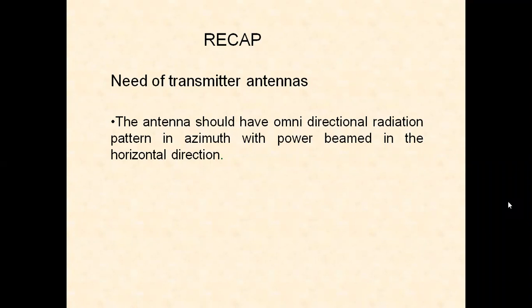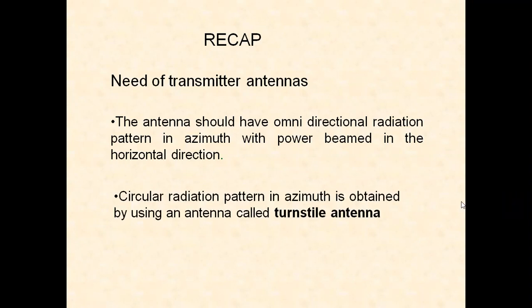Omnidirectional means radiation should be there in all the directions, so that in different directions the receivers can pick up the television signal. So this antenna should produce omnidirectional radiation pattern in azimuth angle with power beamed into the horizontal direction. A circular radiation pattern in azimuth is obtained by using an antenna called turnstile antenna.